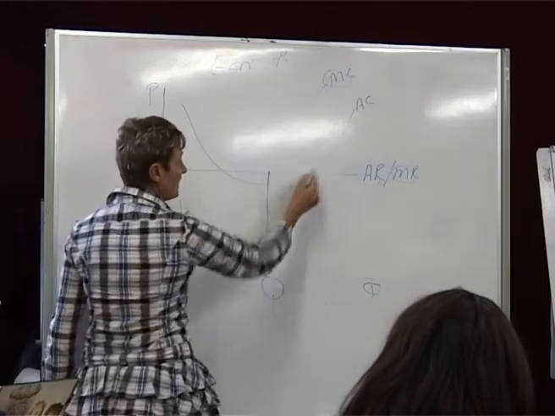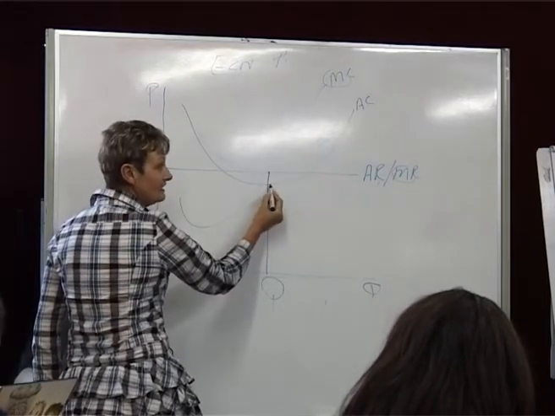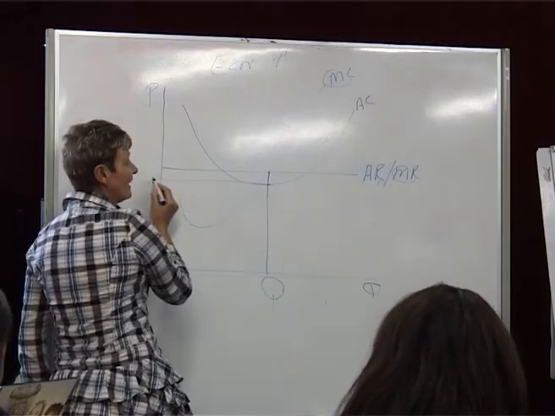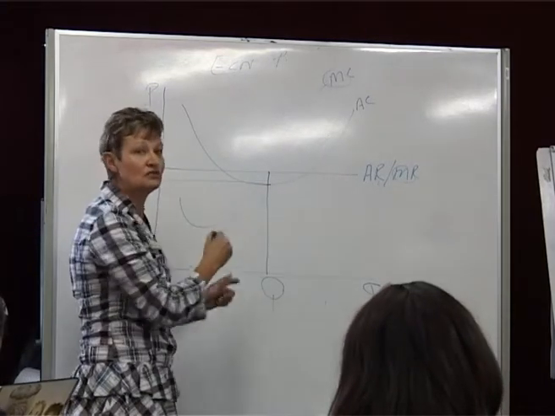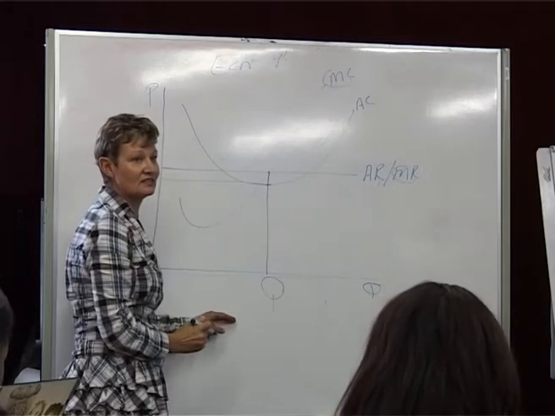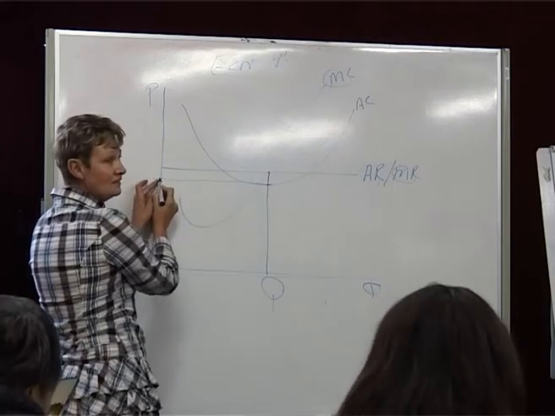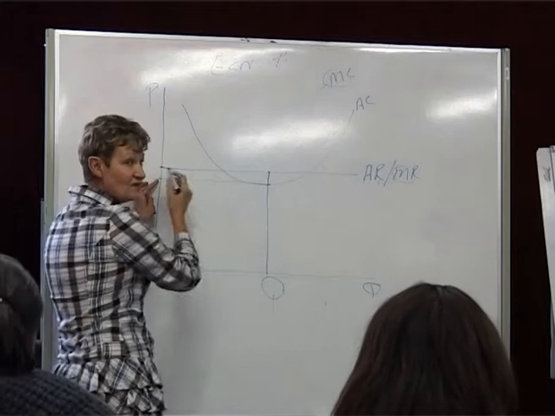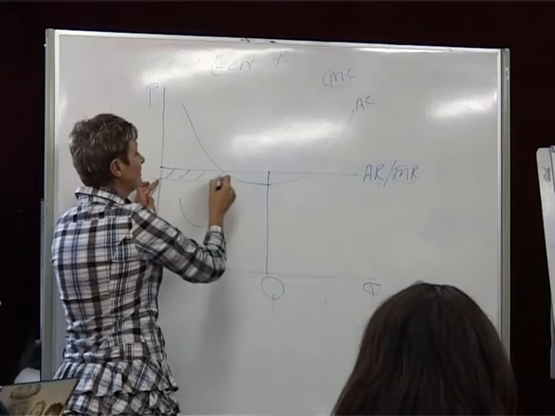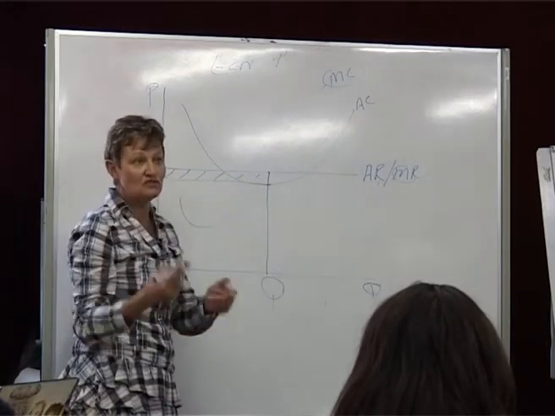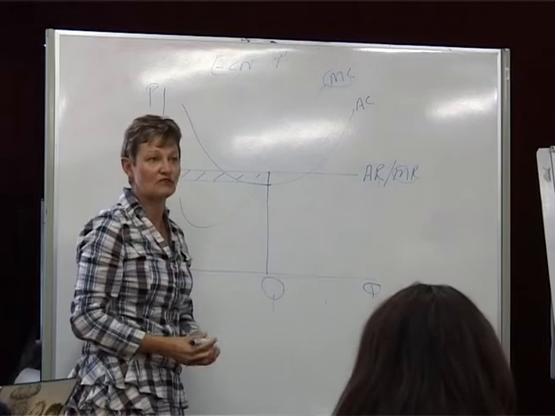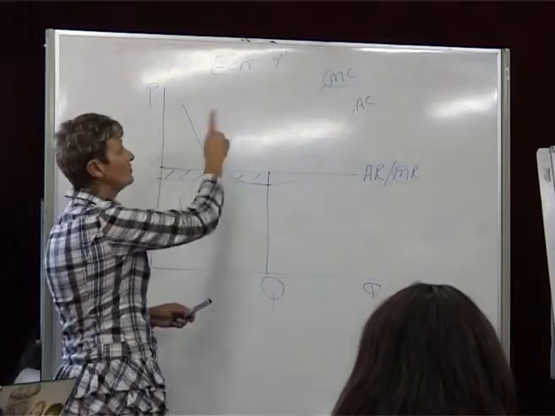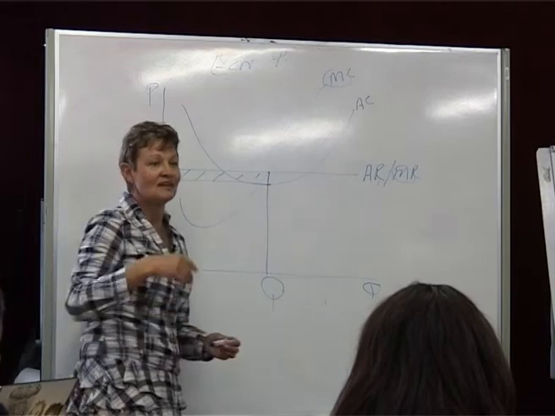The cost, which is your average cost, intersects, and that is what it will cost you to produce this quantity of products. So this is the cost. This one is your income, your revenue. So that part is a profit part which you make upon your normal profit. Therefore, we call this your economic profit.